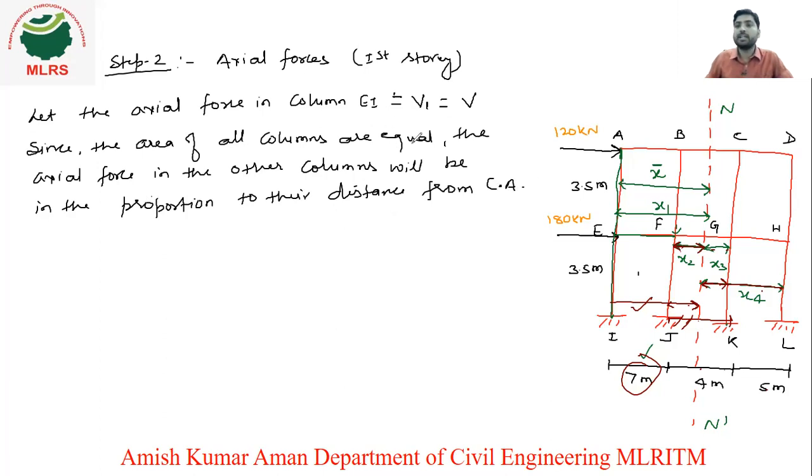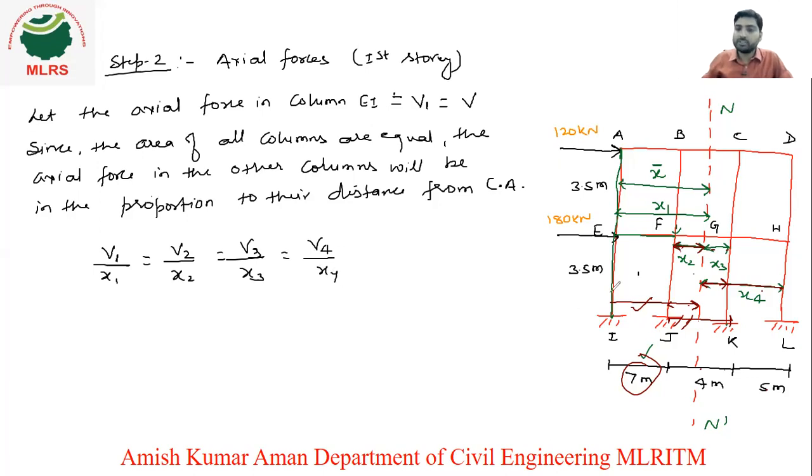So how will we analyze the second assumption? What does it mean actually? You can see here, it will be V1 upon X1, meaning the first column. What is the axial force in the first column? We have considered it as V1. So V1 upon X1, where X1 is the distance of the first column from the centroidal axis, will be equal to V2 upon X2, equal to V3 upon X3, equal to V4 upon X4.